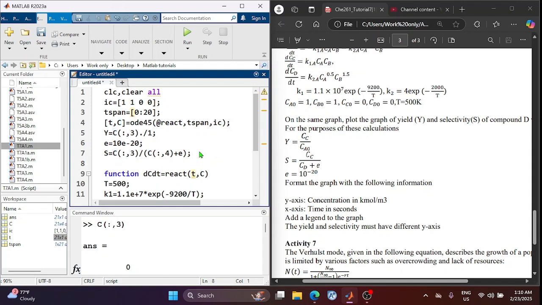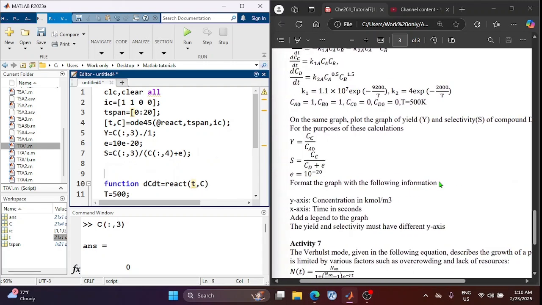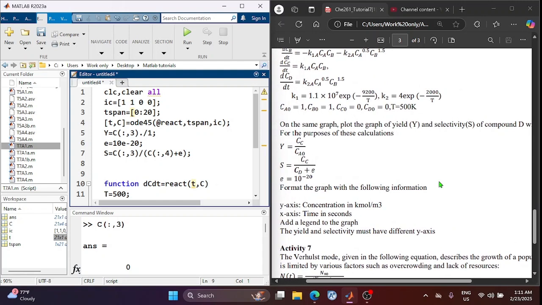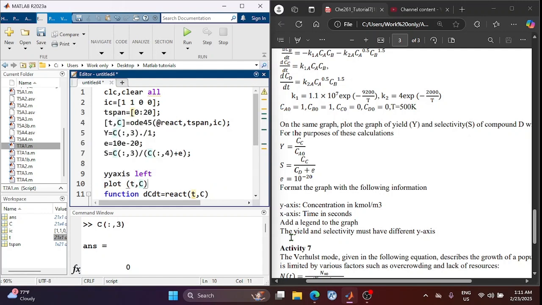Now we can go back to our plot. The question said the yield and selectivity must have different y-axes. So the concentrations will be on one axis and then the yield and selectivity will be on the other axis. The way we can do this is we type yaxis left, right, and then say we want to plot our concentrations against our time, and then we can label.